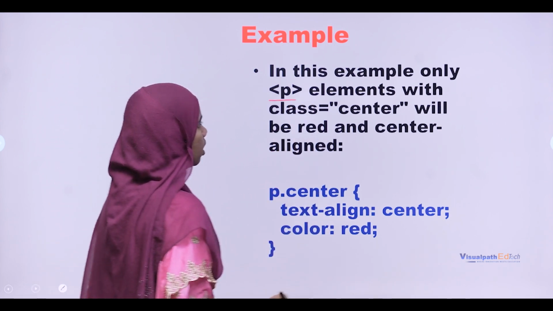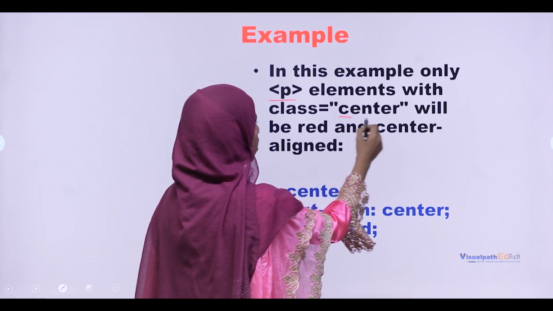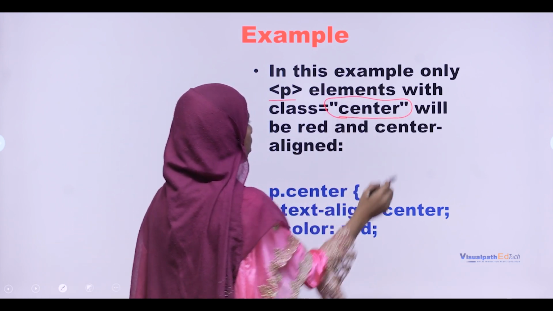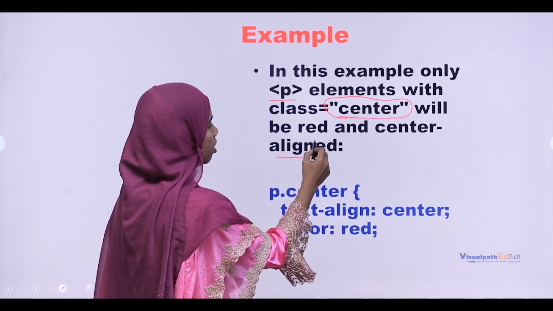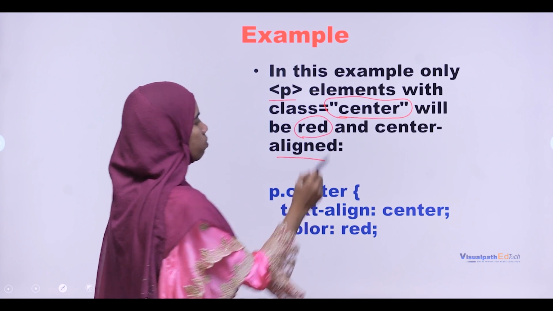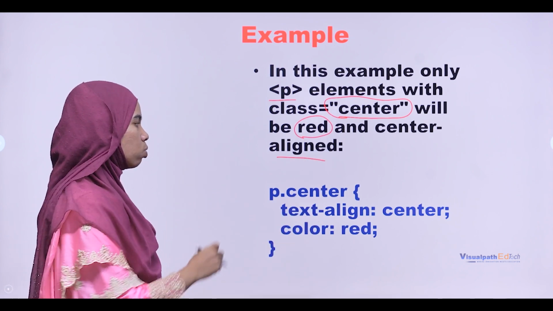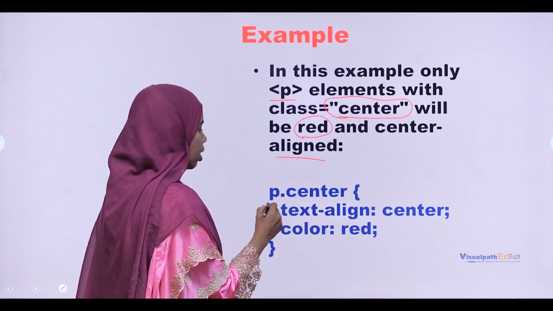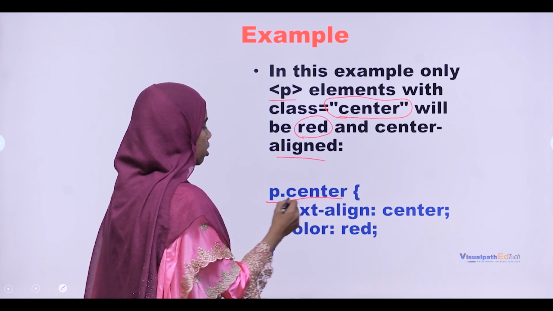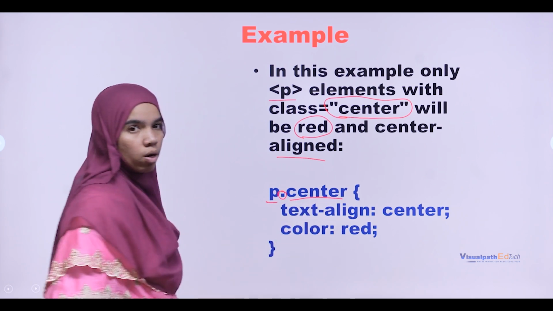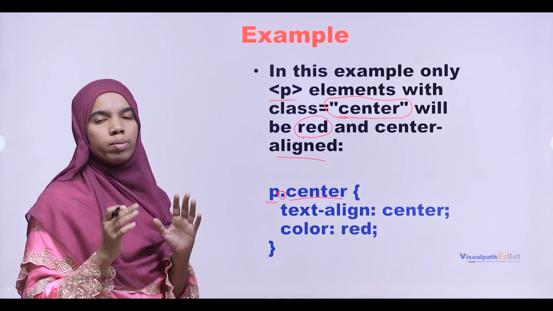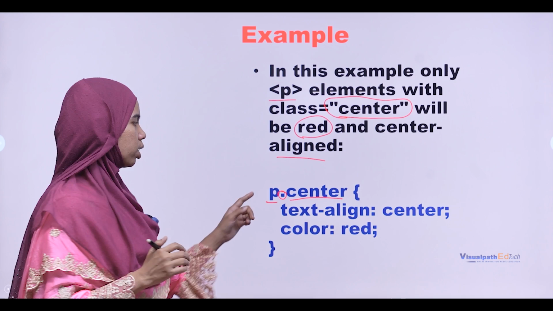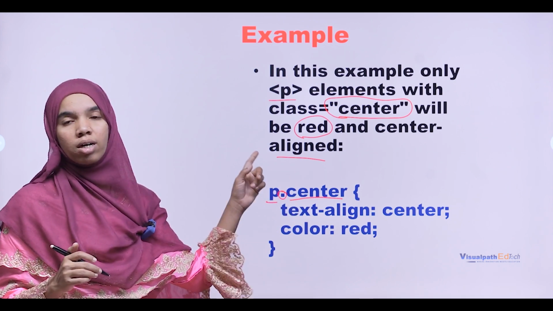In this P element, we are applying the paragraph to be centered. The alignment of this paragraph we are making centered, and we want the color of this text to be red. So what are we doing? Combining the paragraph and the center, we are making use of the dot character. The dot is used here for making the difference between the tag and the class selector.